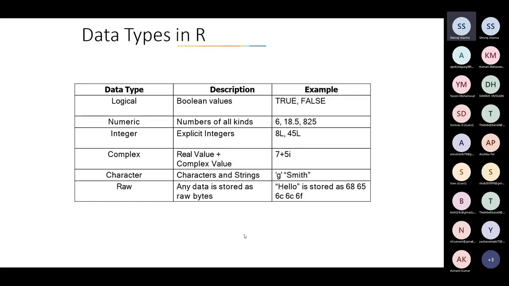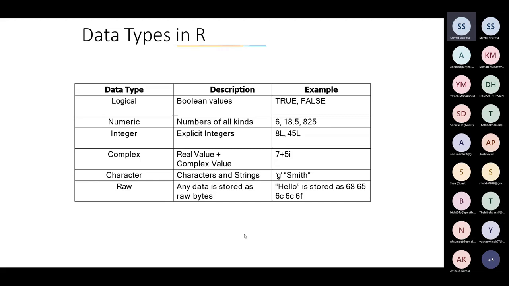Second is numerical, that you are all aware of. Integer, that again you are all aware of. Complex, that consists of real and complex values. Character type, or you can say strings. And finally the raw data, meaning any data stored as raw bytes.